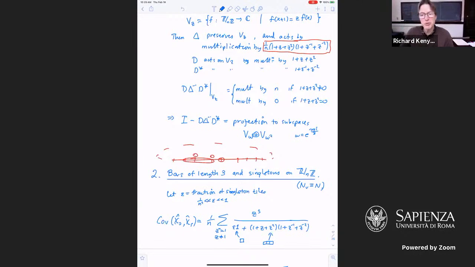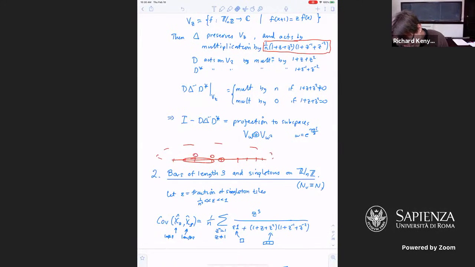And so that's an explicit formula for the covariance matrix between the tiles, this is for the density of the length 3 tiles. I didn't say that. You have a length 3 tile at the origin, and you have a length 3 tile at some distance s away from it.